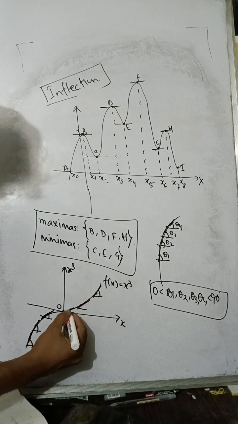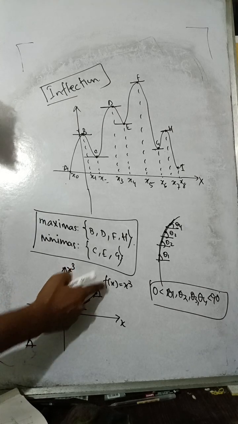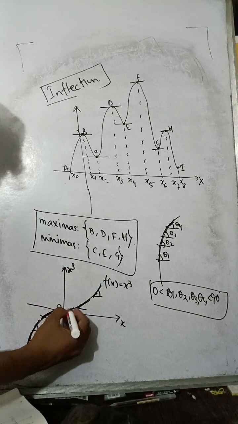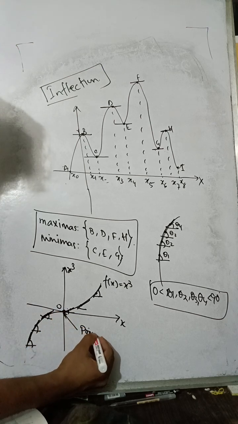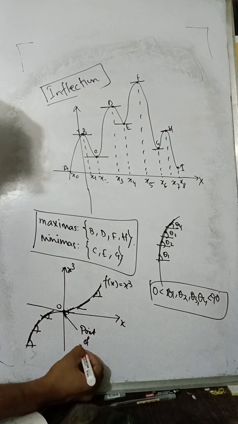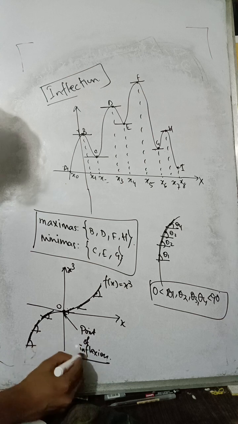So you can say that at point O, this is increasing, and this is also increasing. So this point O is called a point of inflection. This is a different thing. Okay, this is inflection.